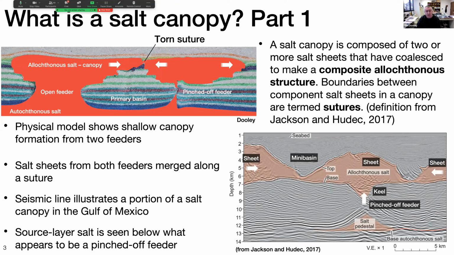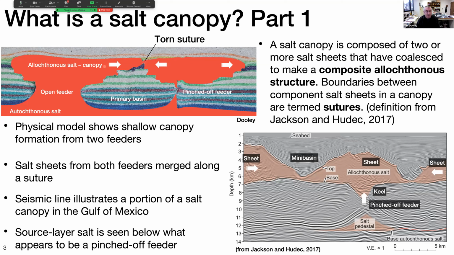A salt canopy can be defined as composed of two or more salt sheets that have coalesced to form a composite salt body, and the actual areas between where these sheets have coalesced is called a suture.